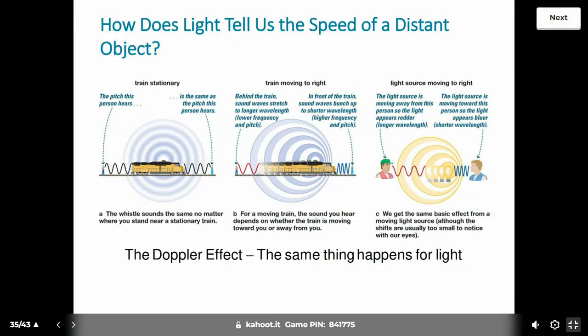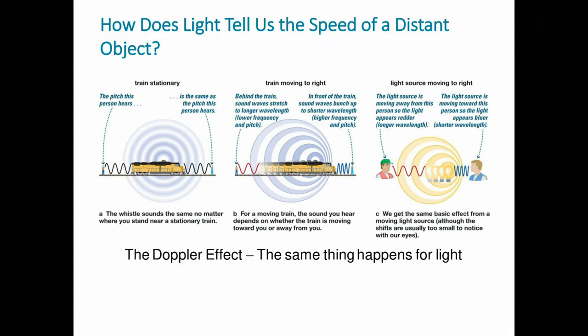Okay. And we saw this last time too, but now that we understand spectrum, we'll talk about the Doppler shift. So if we think about the Doppler shift for sound, when the train is not moving and it sounds its horn, the person on the right and on the left would agree that the pitch of the horn sounds the same.